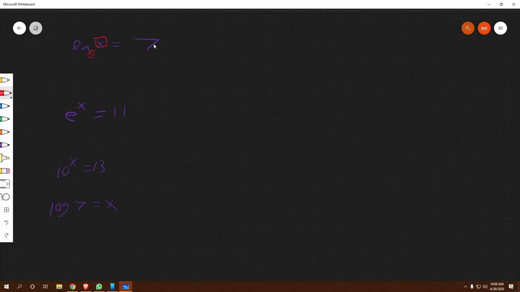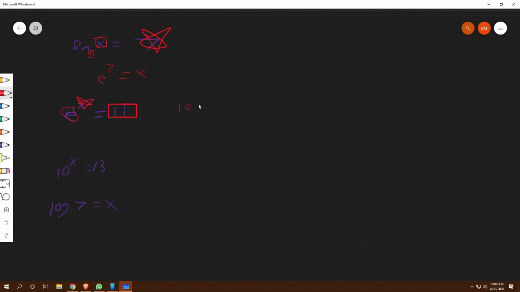This is my square, and 7 is my star. Circle to the star equals square. Done. Now, the next one is the first time we have to go the other direction. We can go left to right, right to left, doesn't matter to me. So this is now circle to the star equals square.